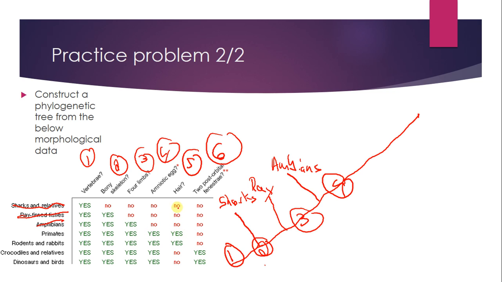Next, we see hair. Primates and rodents have it, but none of the others do. And we have 2 postorbital fenestrae, which crocodiles and dinosaurs have and none of the others.